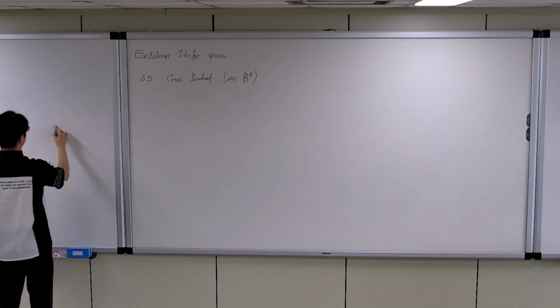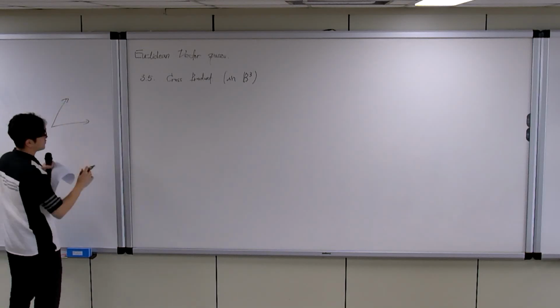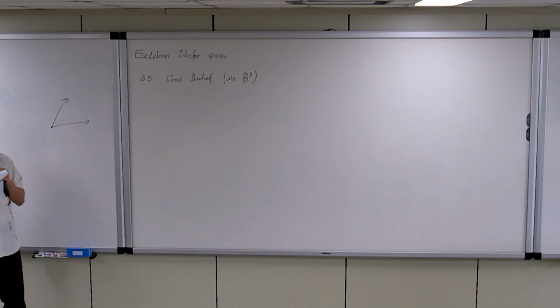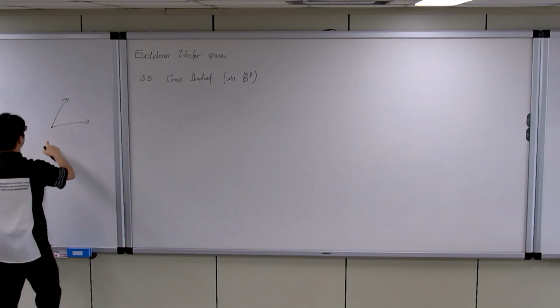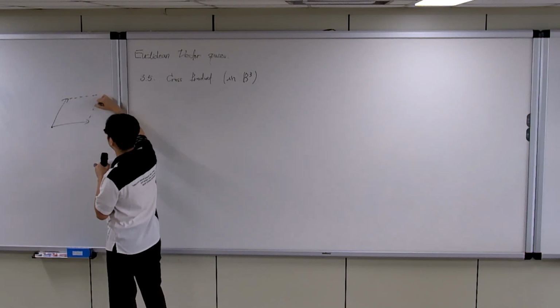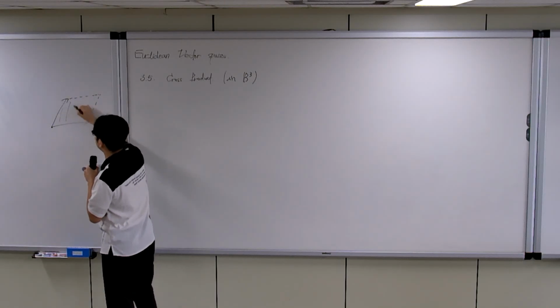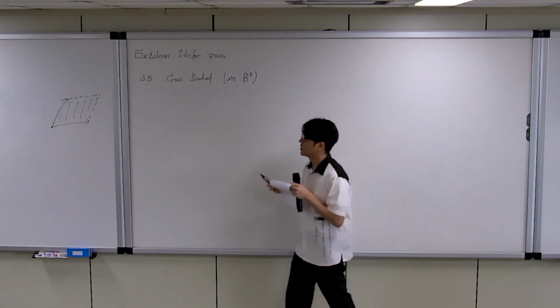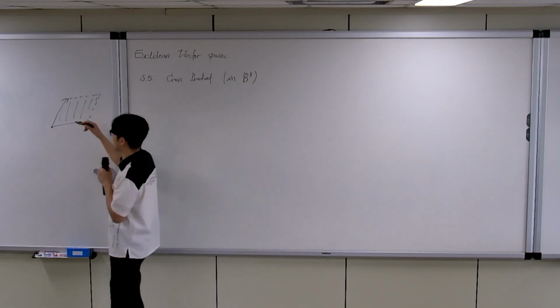Like, if you have two vectors, I will use vectors that have the same initial points, then sometimes we might need the area of the parallelogram.